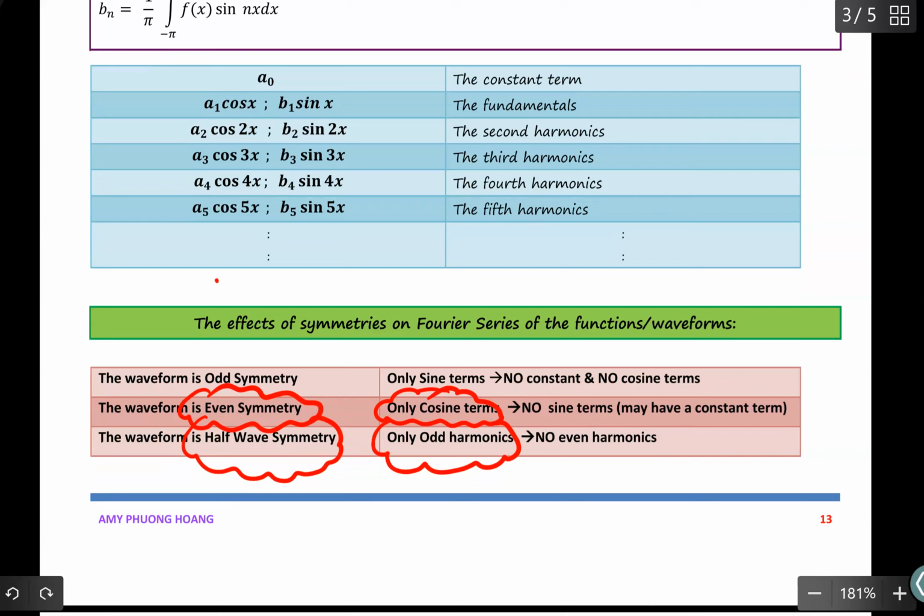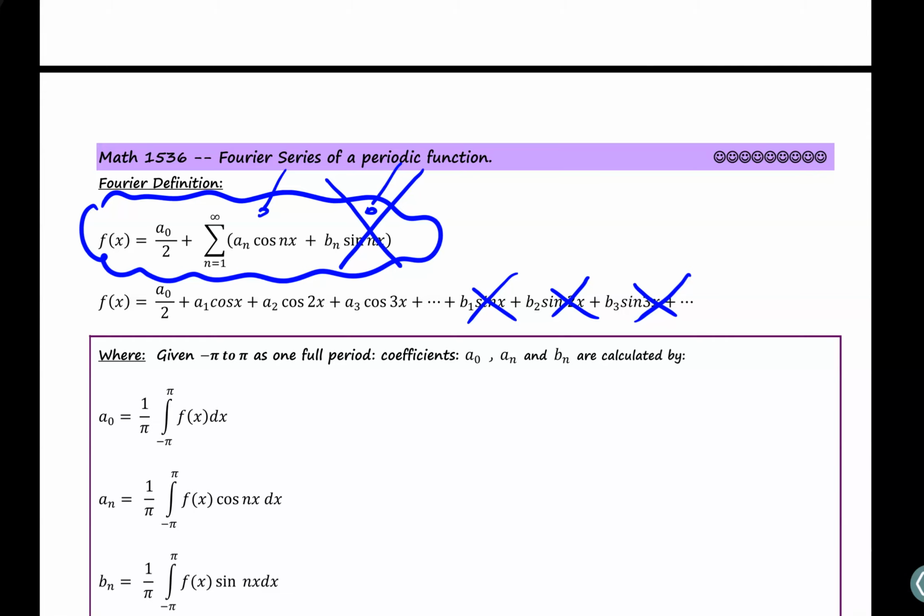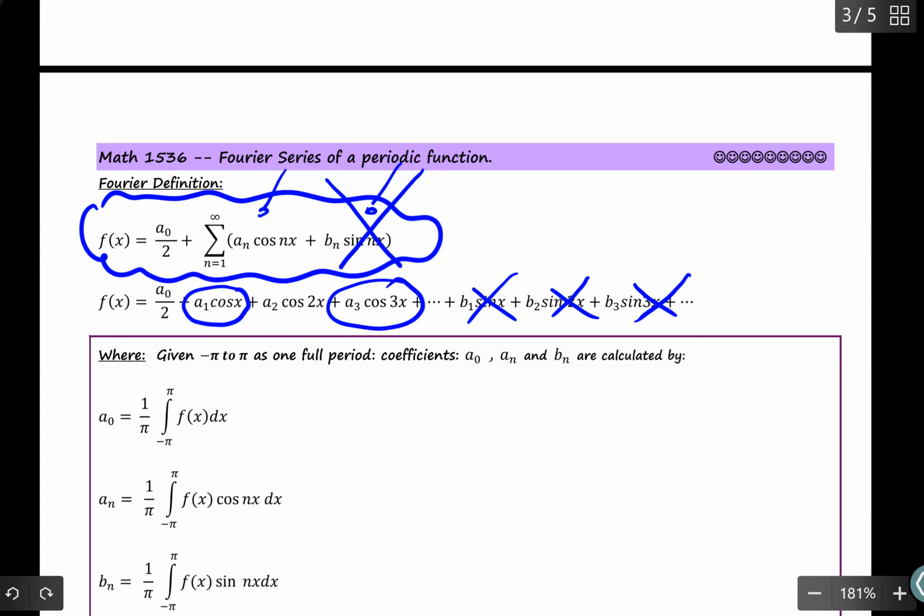Even is right here, and half-wave, so we only have the cosine terms and the odd harmonics of the cos term. That means I can eliminate all of that, and I only have my odd harmonics, so I have that, I have that, and I continue to have cos of 5x.